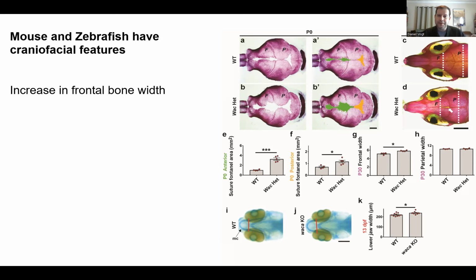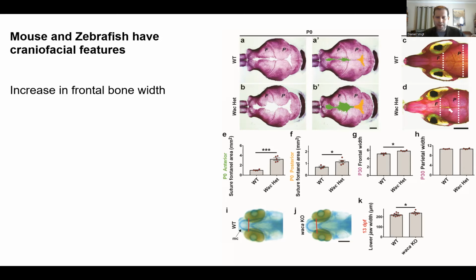And what we notice is if you look in A and B, and then A prime and B prime, the green area represents the area that hasn't fused together yet with the 2 frontal bones. And it's a little wider in the WAC hets, and this persists into adulthood. So they actually have a larger frontal bone area.